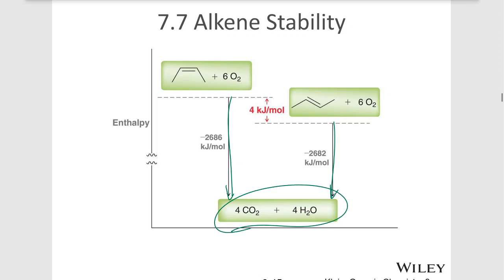These are just isomers of each other, so you might expect we get the same amount of energy out for burning them. But because we get the same products, and we started with basically the same molecular formula, the trans has less energy than the cis because the cis is less stable. It starts out at a higher energy.